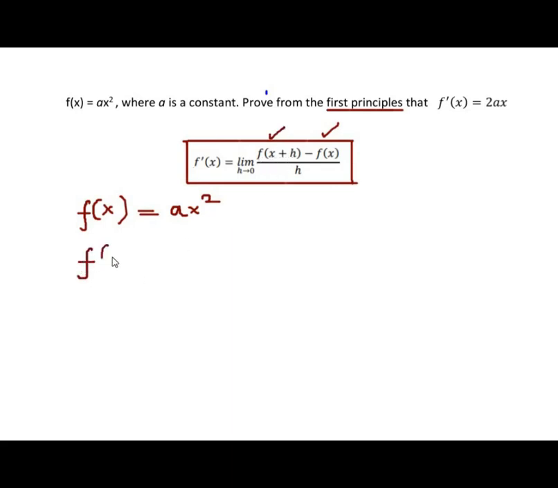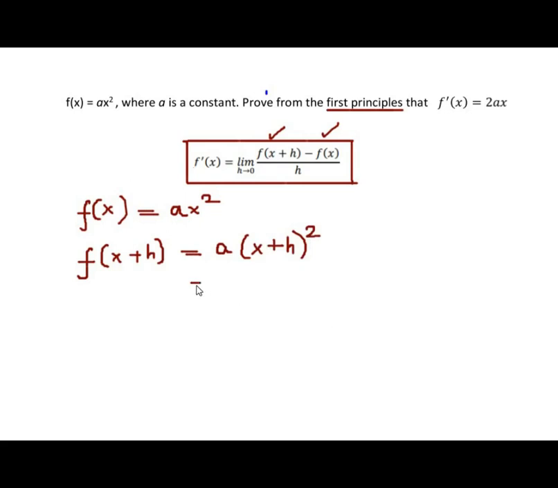So f of x plus h means wherever we have x in the f of x, we have to replace it by x plus h. So here it becomes a times x plus h the whole square. So wherever x was there, we have changed it to x plus h the whole square.